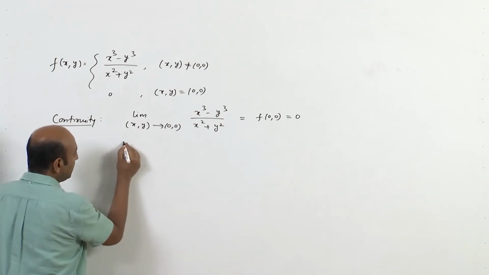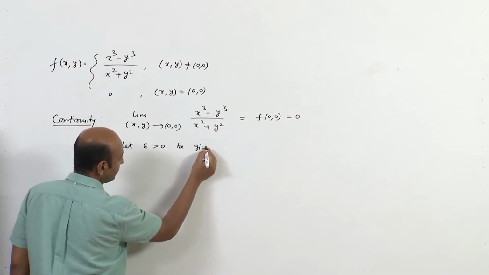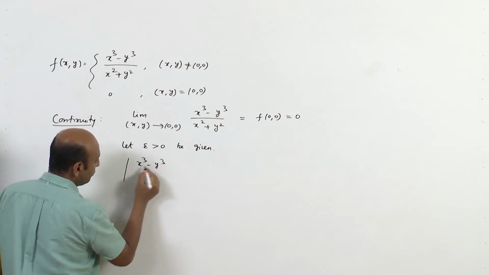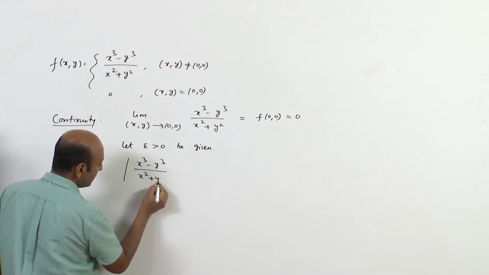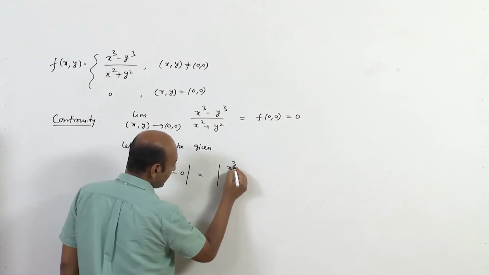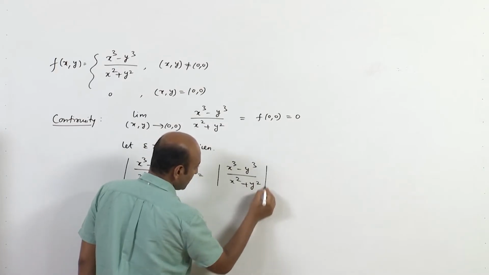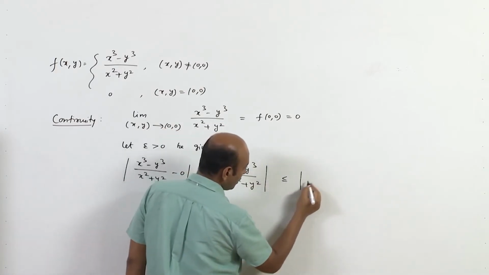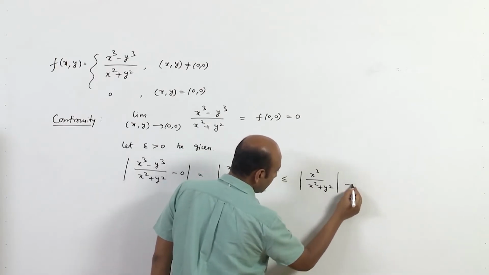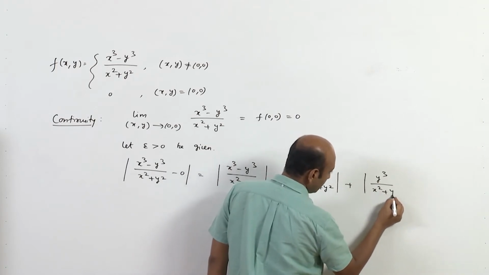Let epsilon greater than 0 be given. Now, take the mod of (x cube minus y cube) upon (x square plus y square) minus 0, which is equal to the mod of (x cube minus y cube) upon (x square plus y square), which is less than or equal to mod of x cube upon (x square plus y square) plus mod of y cube upon (x square plus y square).